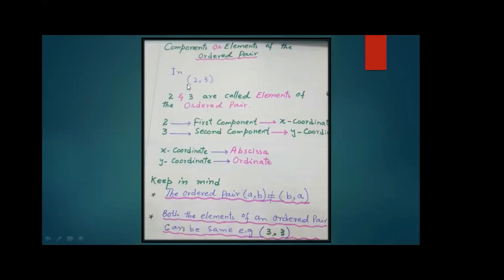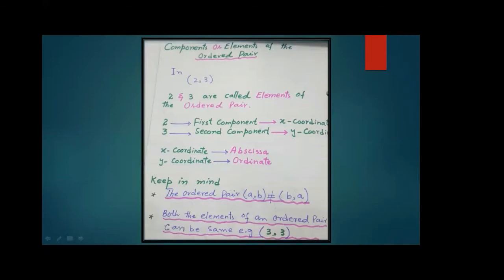Now I am repeating again to give you more clarification. This ordered pair 2, 3 contains two elements, 2 and 3. The 2 is the first component, this 3 is the second component. This is X ordinate, this is Y ordinate. X ordinate is called abscissa, Y ordinate is called ordinate.